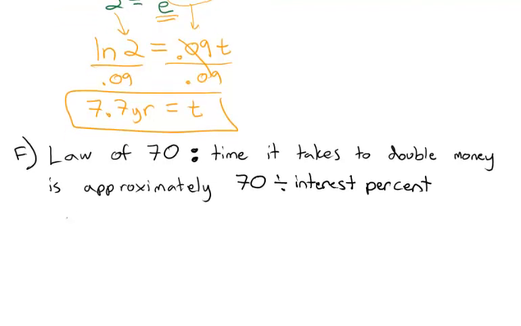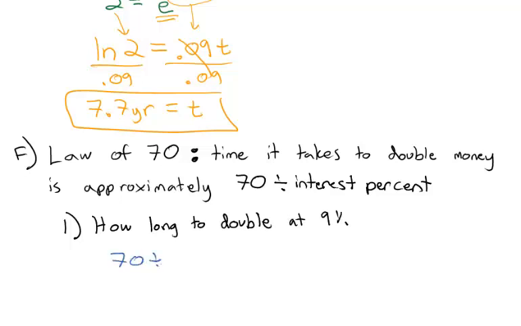Since it's just an estimate, we're not going to spend much time on it, but I want you to see that problem we just did, how long to double at 9%. Well, that's just 70 divided by 9.